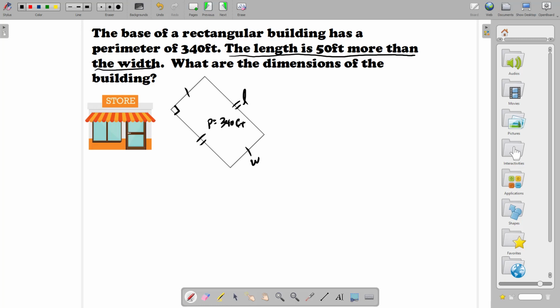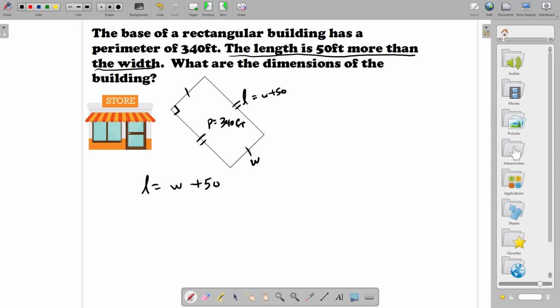Then here's our key sentence. The length is 50 feet more than, means we're adding 50 to the width. So the length is W plus 50. We have our width. We don't know anything about it. It didn't say the width is. It says the length is.